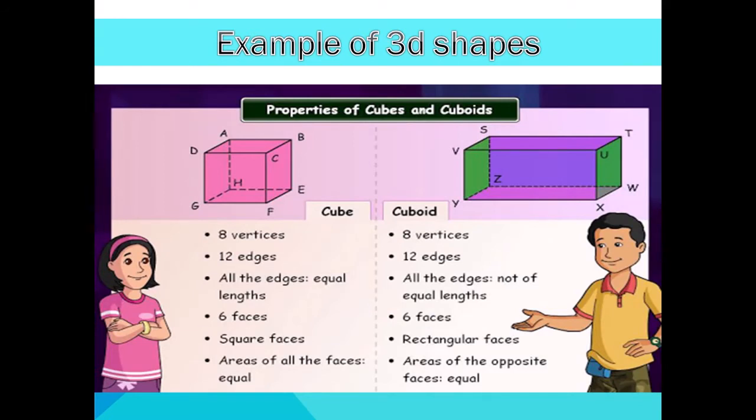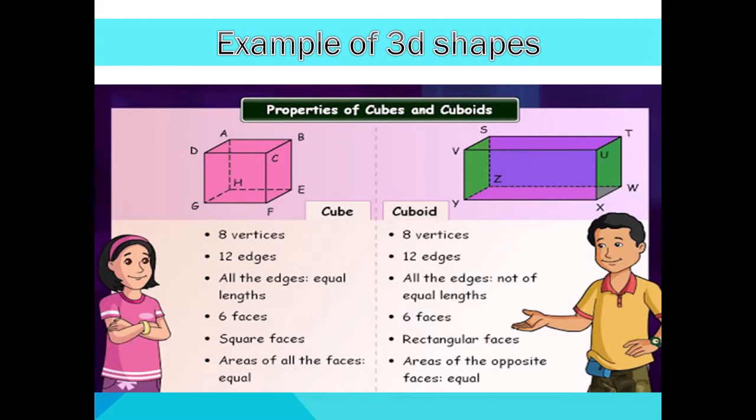Examples of 3D shapes. Cube and cuboid are common examples of 3D shapes. They are shaped like boxes. Cube has 8 vertices, 12 edges, all the edges of equal length, 6 faces and faces are square in shape, area of all the faces equal.